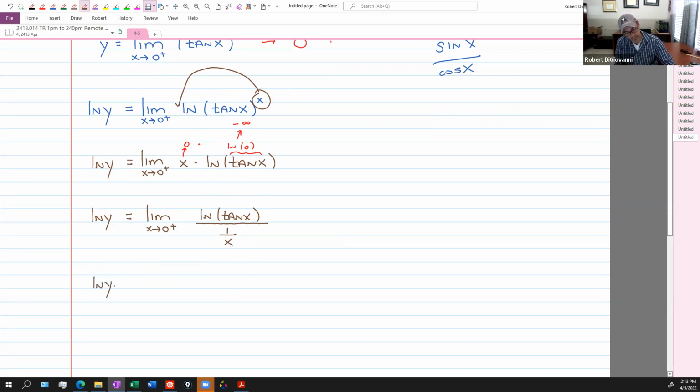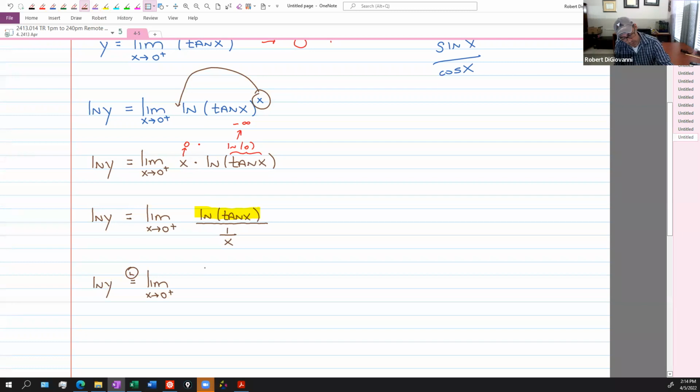Okay, well, L'Hopital time. Derivative of the top. Derivative of natural log of anything is 1 over that, right?